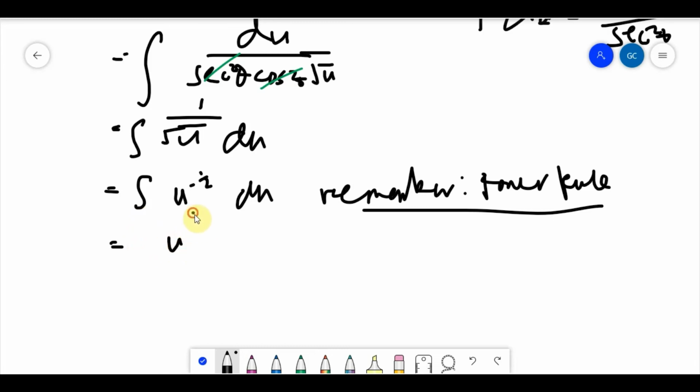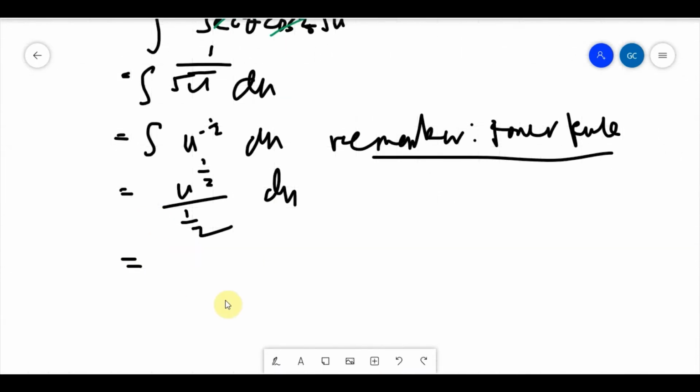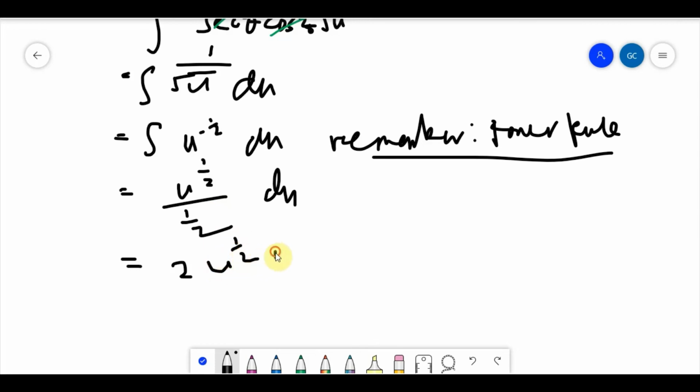So u raised to 1/2 over, what could that be? 1/2 du. That means for our final answer, we divide 1 by 1/2, and we remain with 2u to the 1/2 plus some constant c.